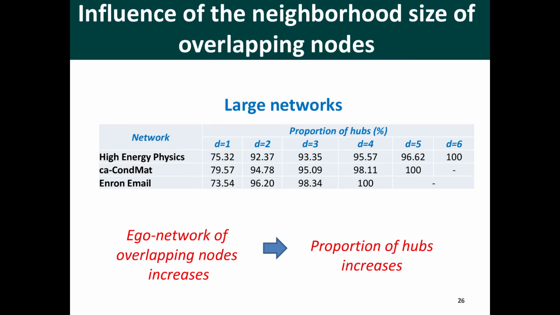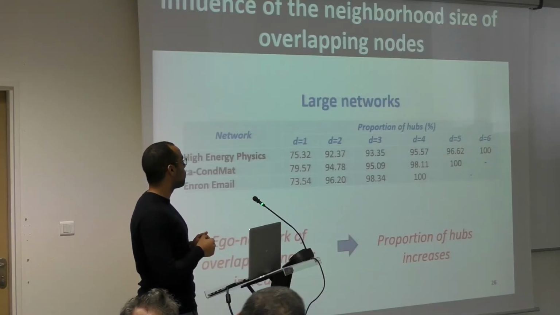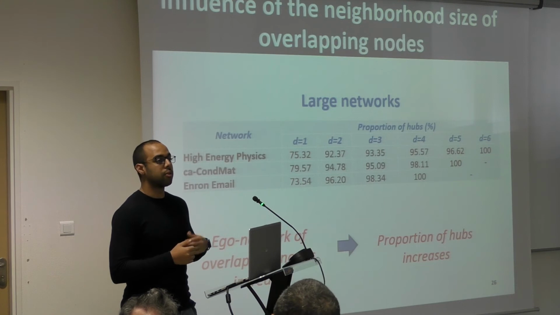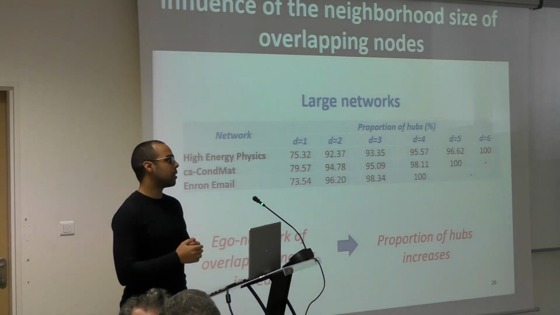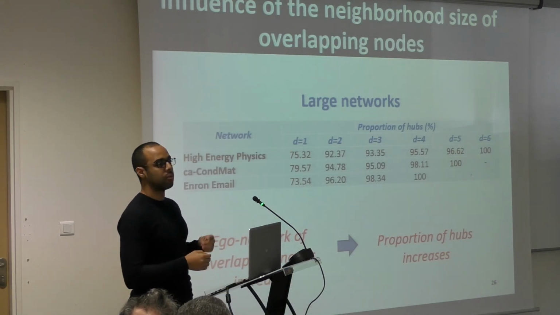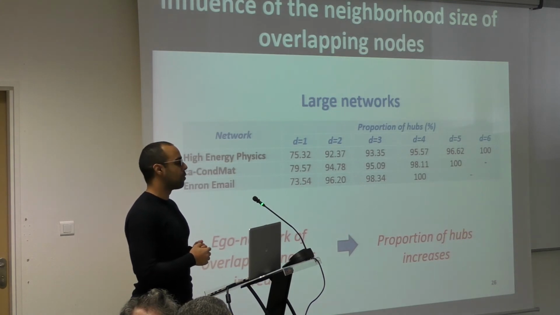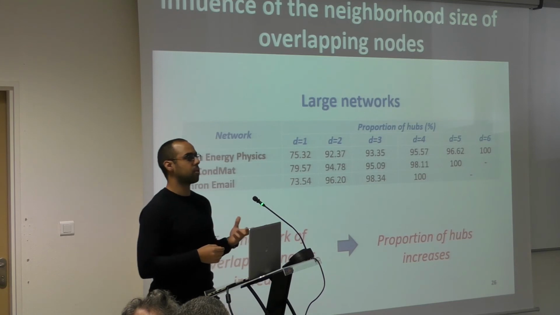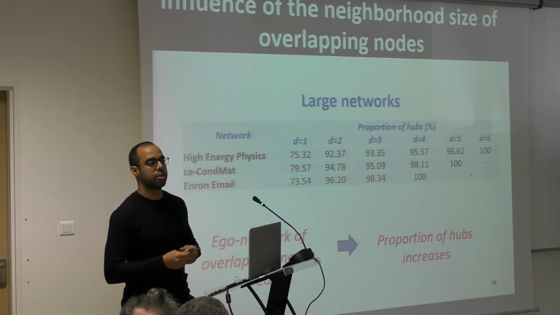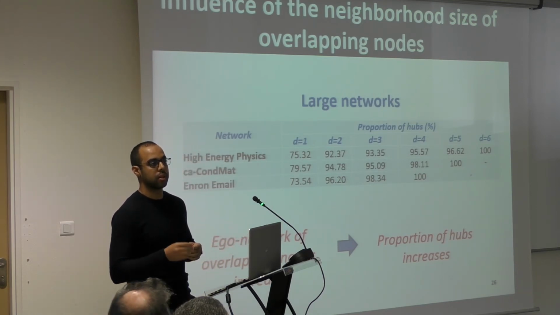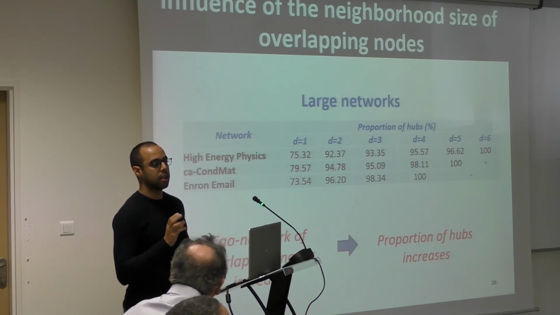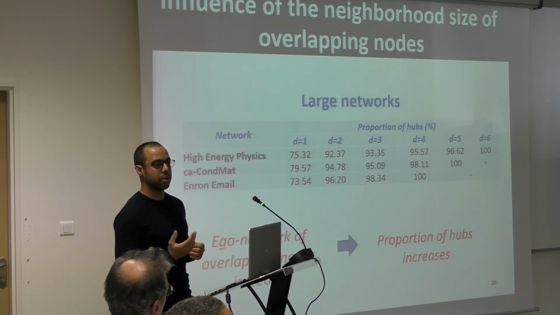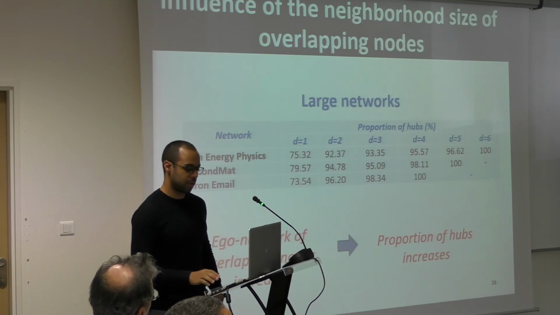The results show that the proportion of hubs increases while increasing the size of the ego network of overlapping nodes, and this is totally normal because when we have a large ego network, there is more chance that it may contain more hubs belonging to different communities.